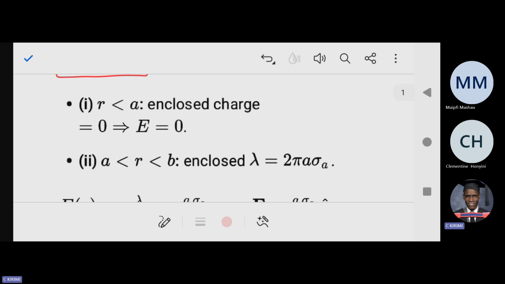where R is greater than A now, but less than B, that is the enclosed charge. The charge there, it's lambda for the enclosed one. Lambda is equal to 2 pi A, where the radius is A, then you use the surface charge density.